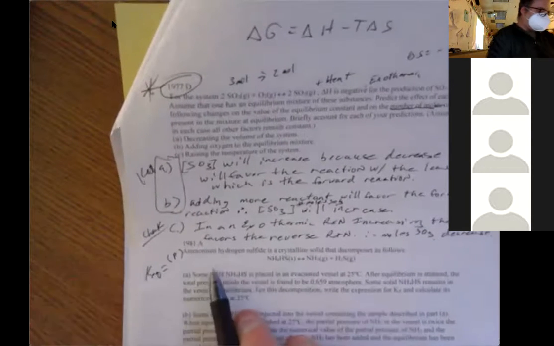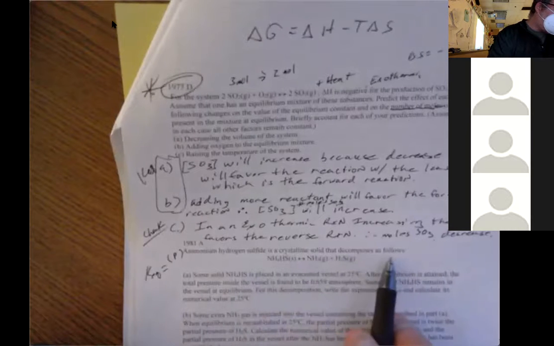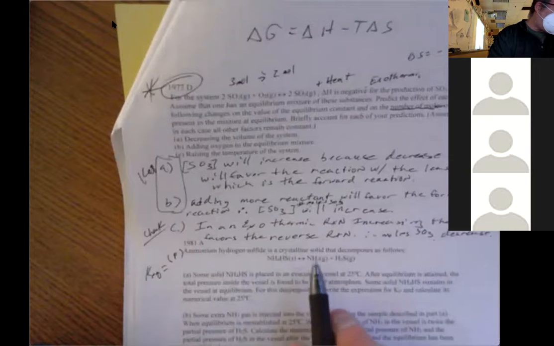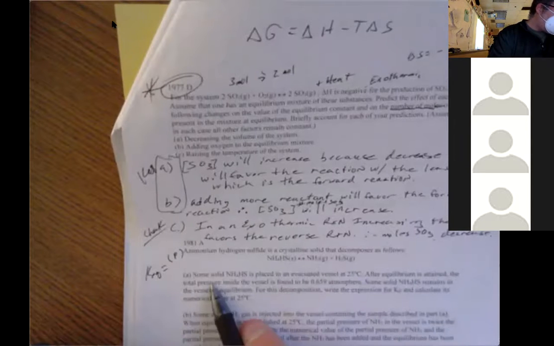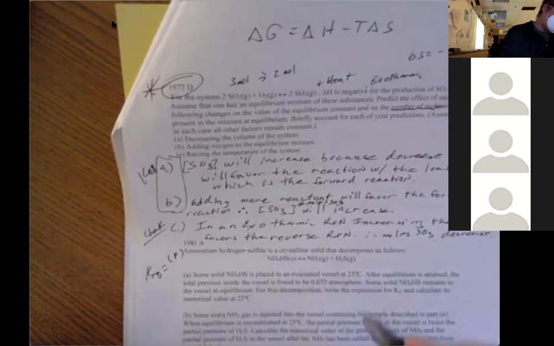So if we take a look, ammonium hydrogen sulfide is a crystalline solid that decomposes as follows. Here's our ammonium hydrogen sulfide. It makes ammonia and H2S, hydrosulfuric acid. Some solid ammonium hydrogen sulfide is placed in an evacuated vessel at 25 degrees Celsius.